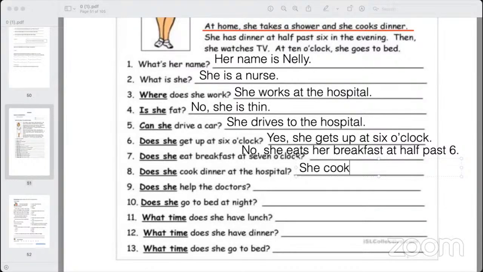She cooks her dinner at home. Or you can say she cooks dinner at home.